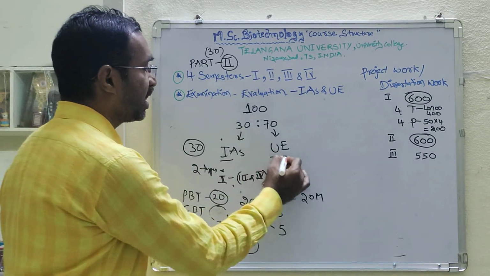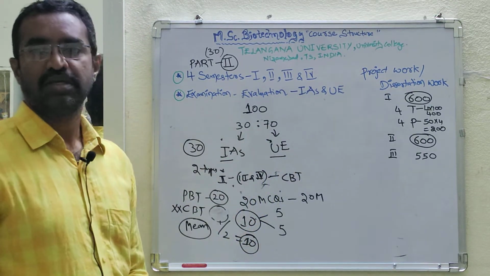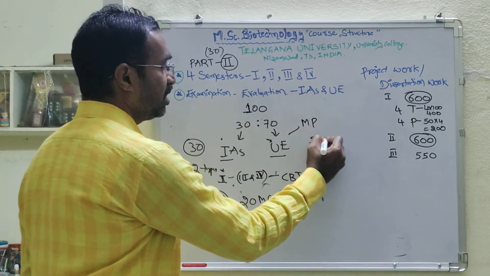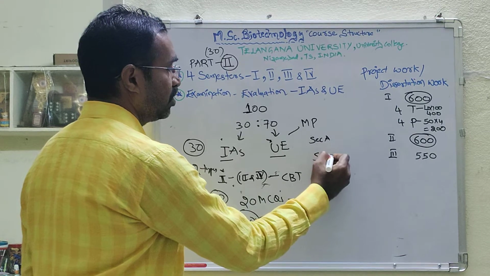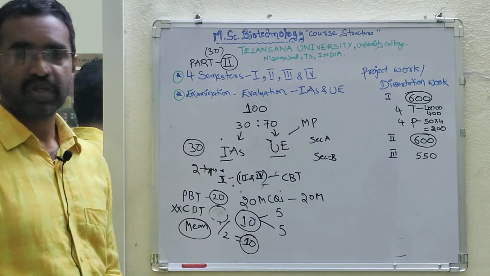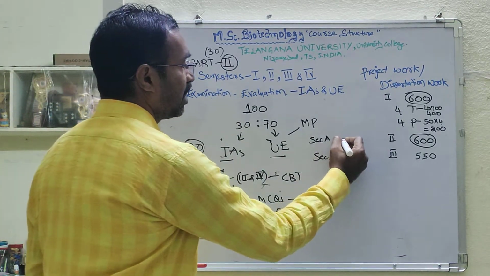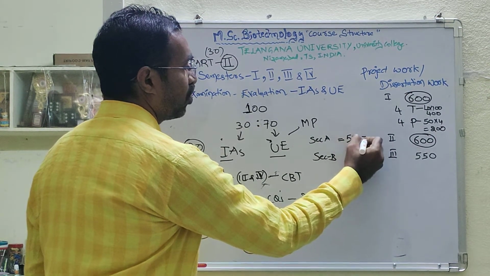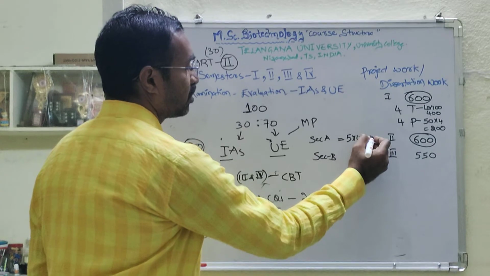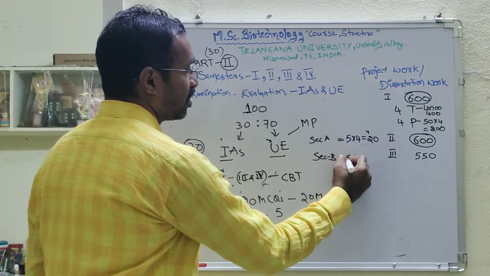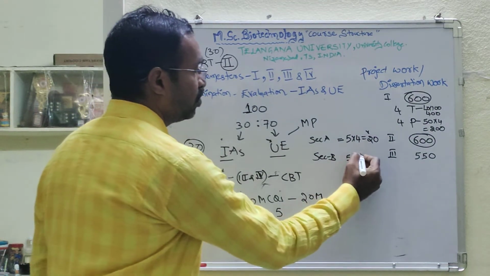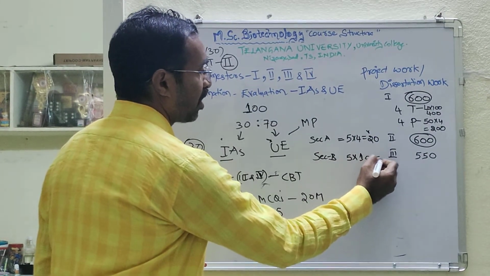Coming to the university exam, it is for 70 marks. If you see the model paper, there is section A and section B. Section A has 5 into 4, 20 marks, and section B has 5 into 10, 50 marks.